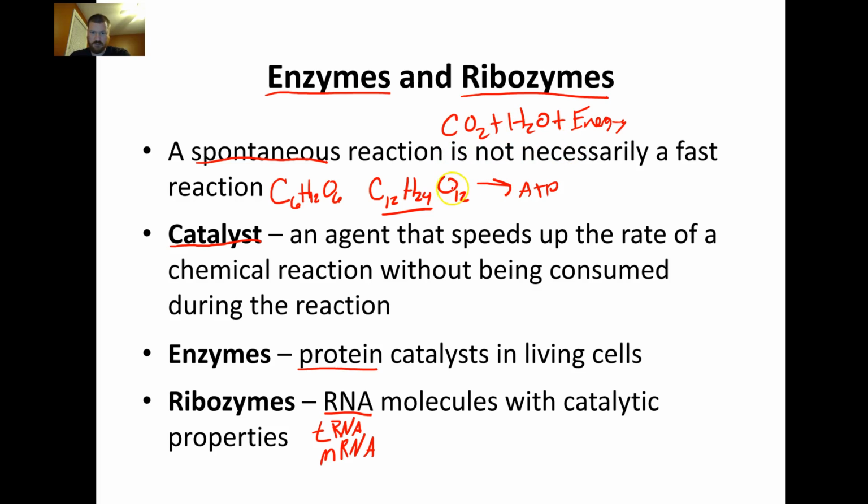So this would happen spontaneously if you just left it out on the table. Problem is it'd be very slow, and you don't have that kind of time. You need to turn that into energy relatively quickly after you consume it and not sit around and wait. And so the way we do that is by using enzymes to convert that into energy.